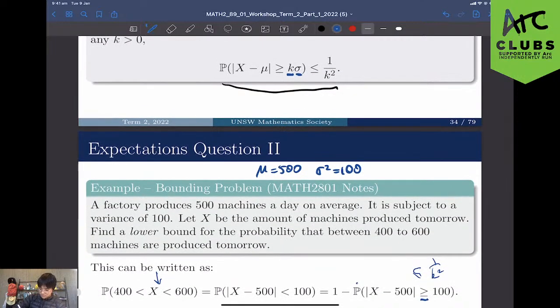And here we can see that the mean is 500, and 100 is just 1 times the variance, because this is 1 times 100.